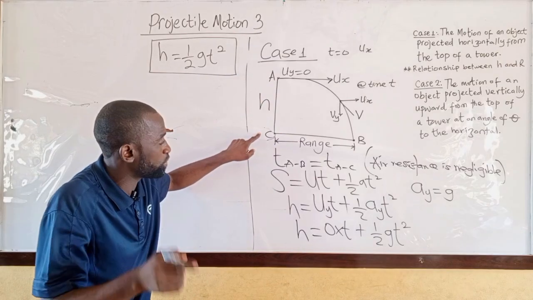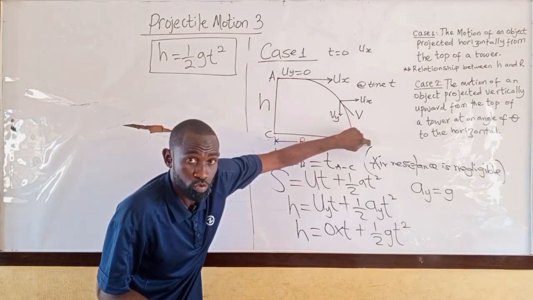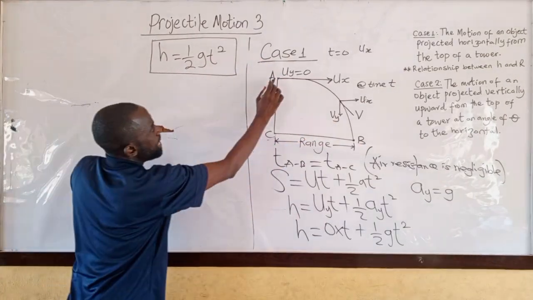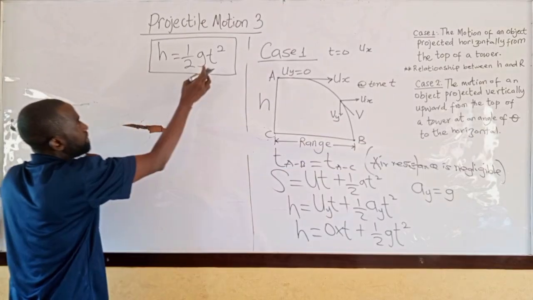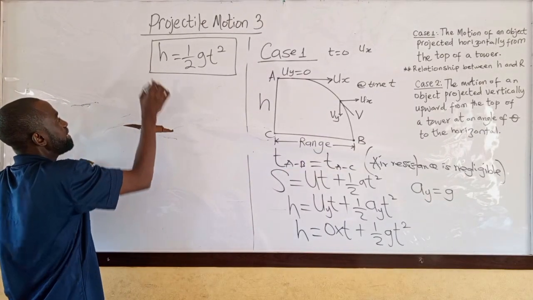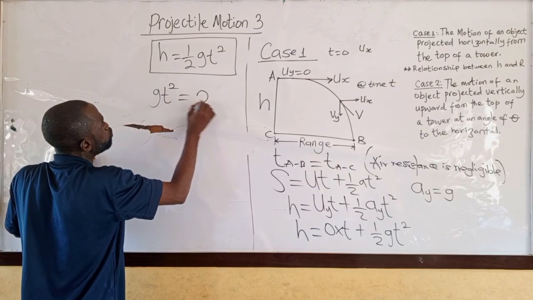But what we want to calculate is the time to take the body from A to B. So from here, this t is the time from A to B. Now that means, cross multiply, we have g t squared equals 2h.